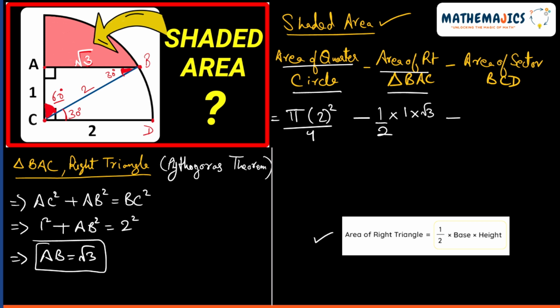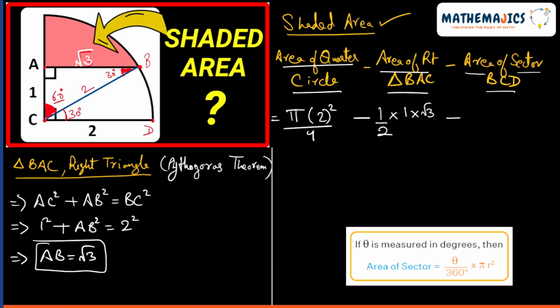Now we will also subtract the area of sector BCD. Let's see what is the area of sector BCD. Area of any sector is theta upon 360 degree into pi r square. Correct? Now what is this theta? Theta is the angle that the sector makes at the center. So in this case, the sector is making this angle 30 degree at the center. Correct?